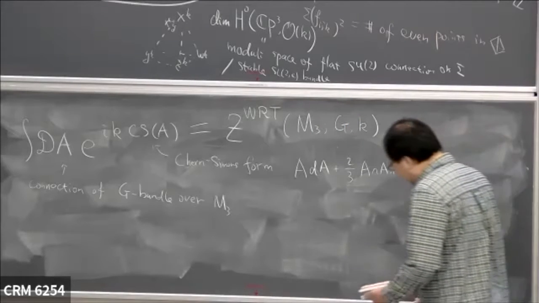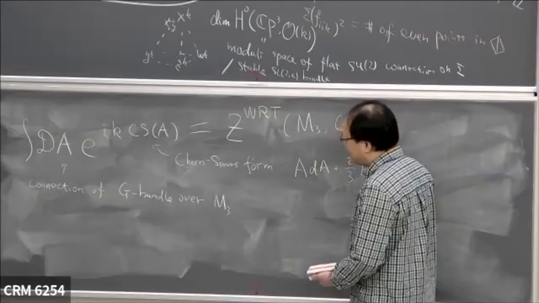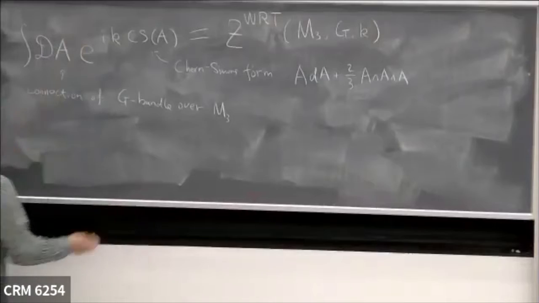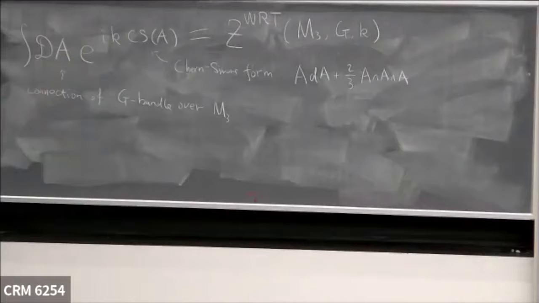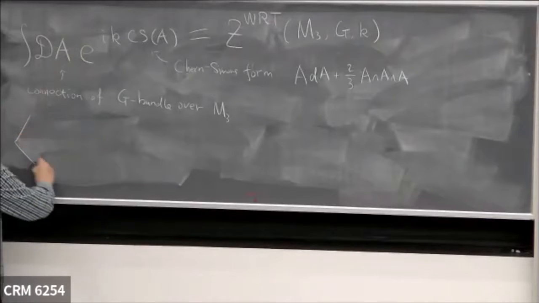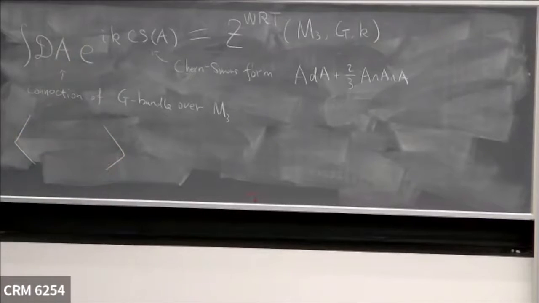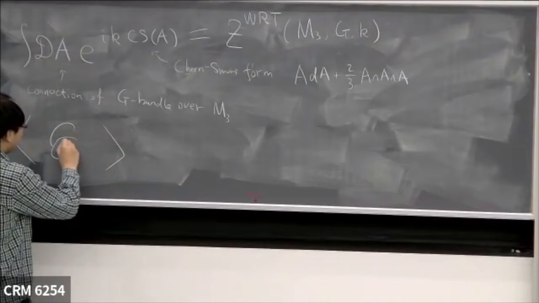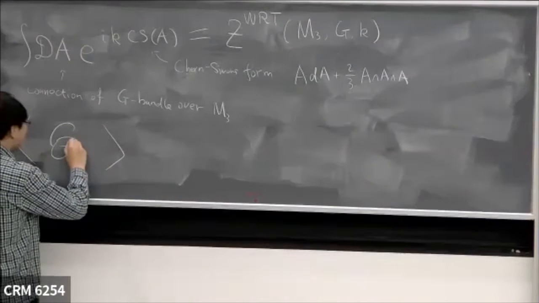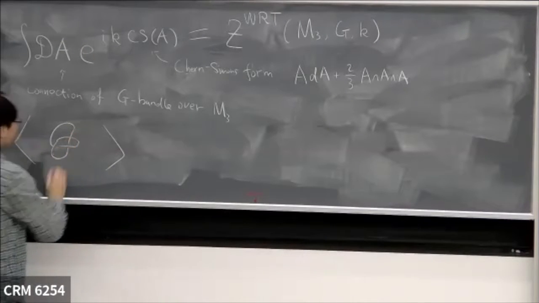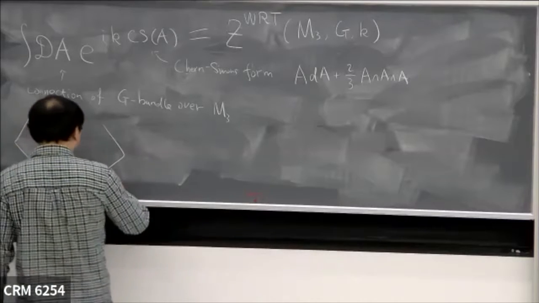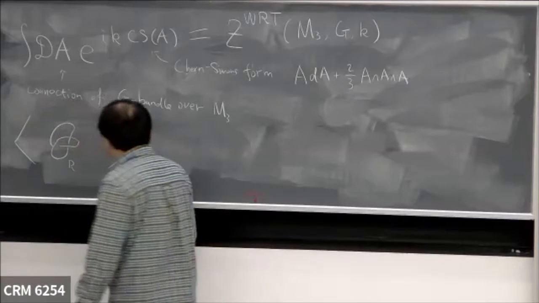There is a similar, closely related invariant, but not of manifolds, obtained by considering observables. One can consider a knot, I'm again having trouble drawing a reasonable knot, maybe something like this, colored by some representation, and let's assume that this is in S3.